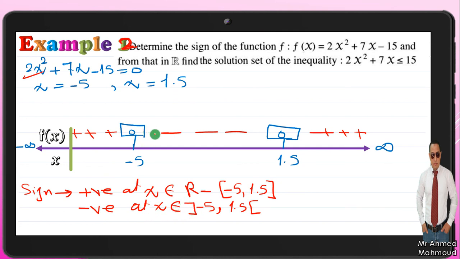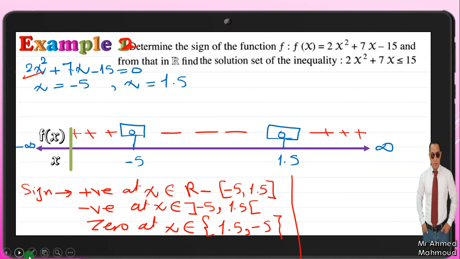Because I need the negative only without the zeros. And it's equal 0 at x belongs to, now I'm going to take the zeros. The zeros are negative 5 and 1.5, inside a set: 1.5 comma negative 5.